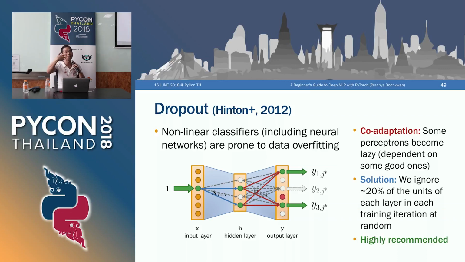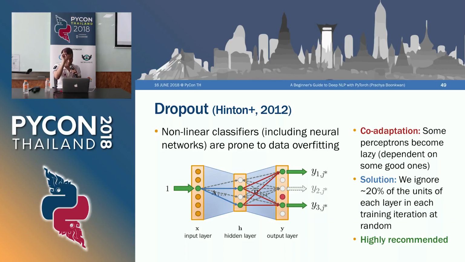So you randomly pick some perceptrons in the network, drop them out, and train the model like normal. Once you do that, you force the rest of the pack to learn something from the data and adjust the parameters along the way.